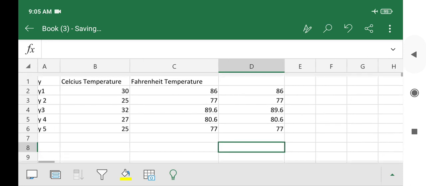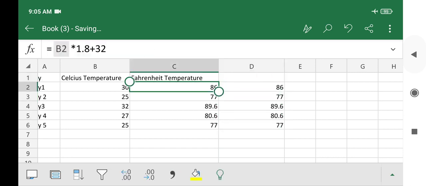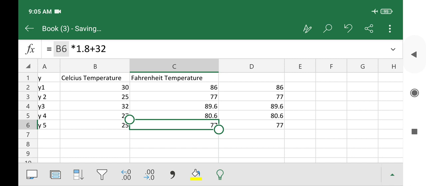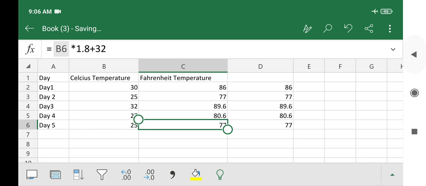This part we did by manually writing every formula, and this one using relative cell references. Understand how cell references work and how much easier it is to work with them. Thank you. I hope this laboratory practice session is helpful to you and you have understood everything.